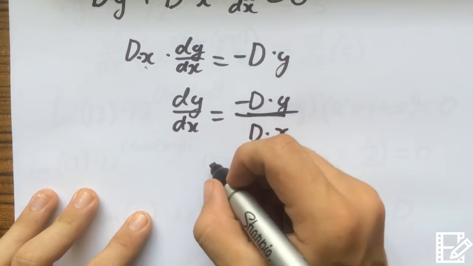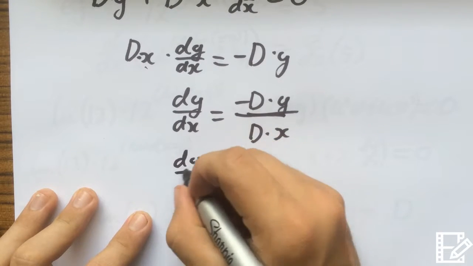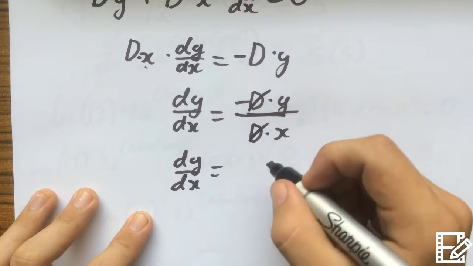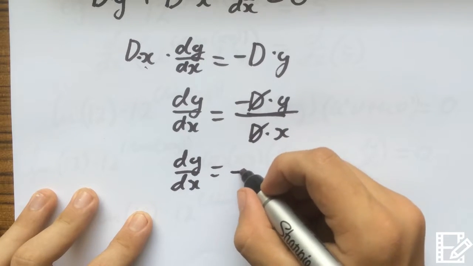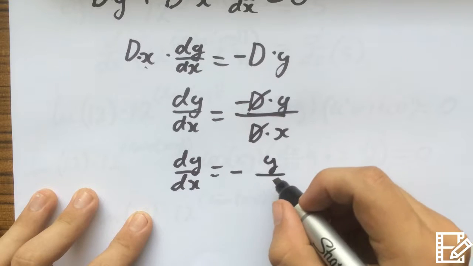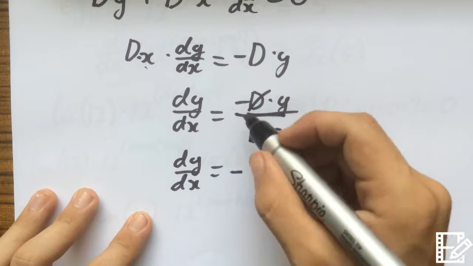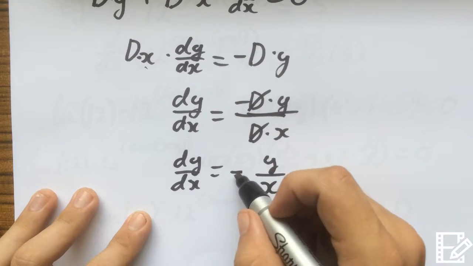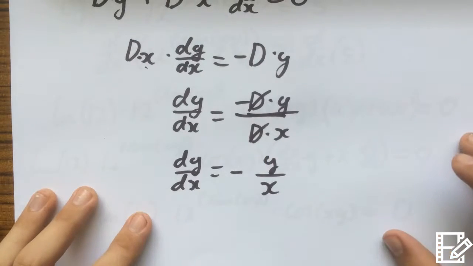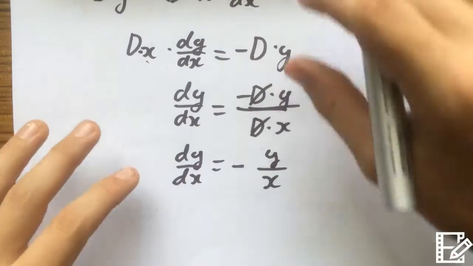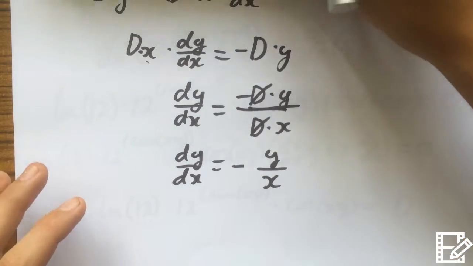Therefore, we have a d divided by a d. The answer is negative y on x, because a negative on the top means it's a negative fraction, so it's going to be negative y over x. And that's the answer to our first example.